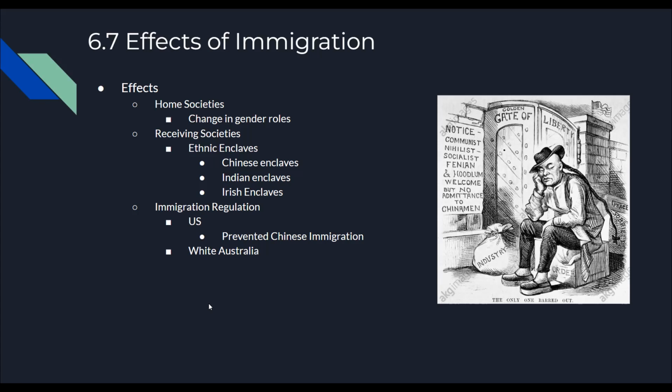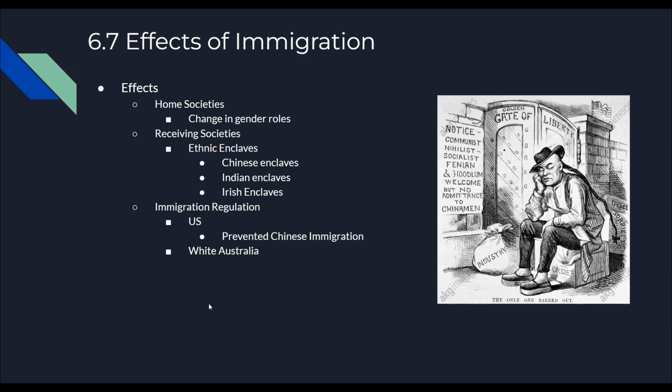This led to immigration regulation in places like the United States and Australia. In the United States, they prevented Chinese immigration through the Chinese Exclusion Act, which limited Chinese immigration into the United States.